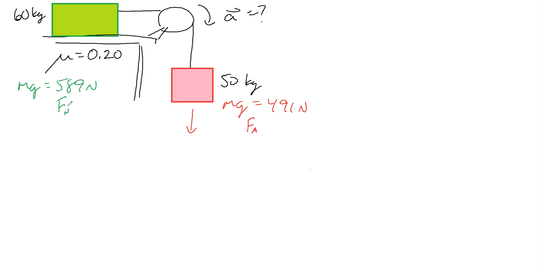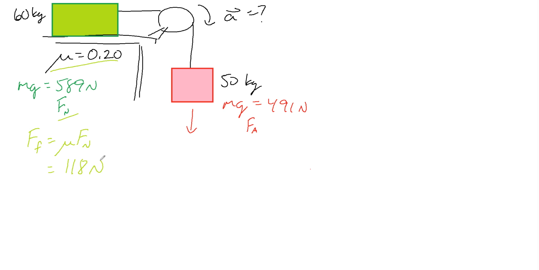Now, really common is to then use normal force and the coefficient to find friction. Friction is mu Fn, so if I take that normal force and times that by 0.2, I find my friction is about 118 newtons. Okay, so I think I've got all my basic forces ready to go.